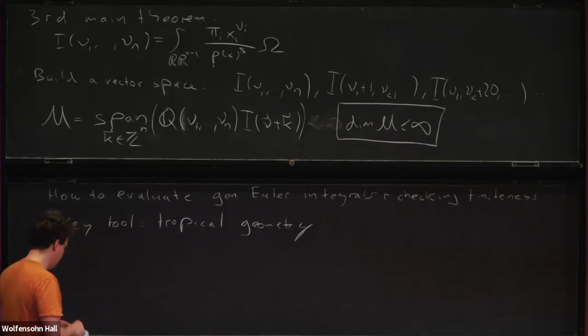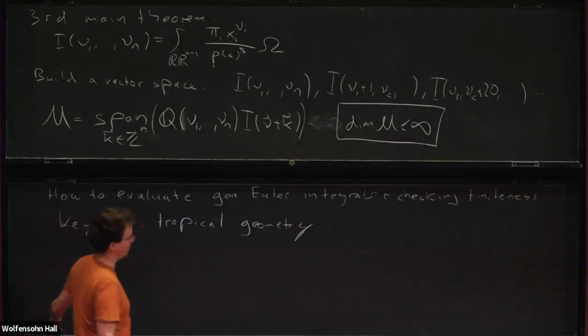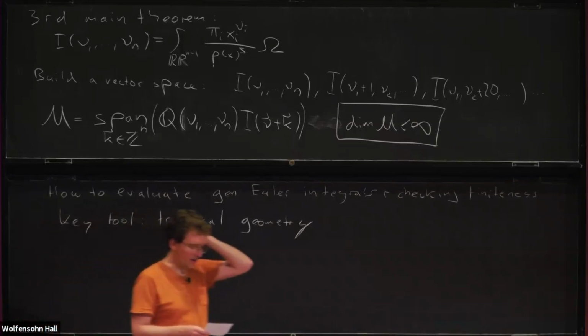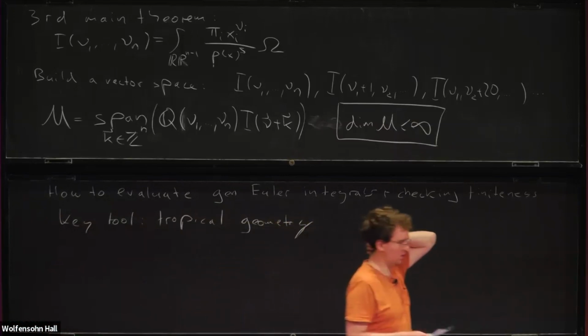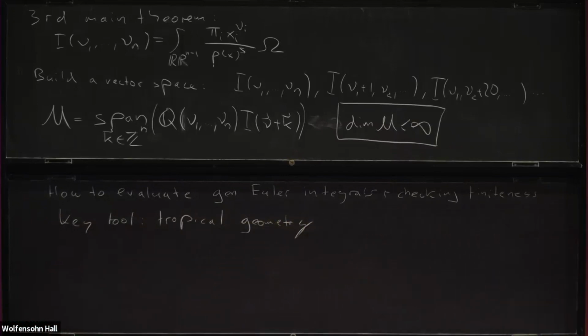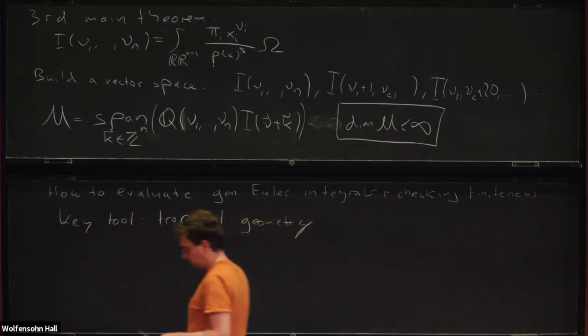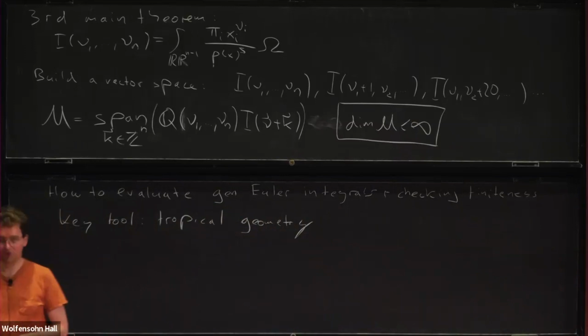So the first thing that I'd like to explain for this is why evaluation of these kinds of integrals is hard in the first place. And this is also why integration is hard at all. So what is complicated about evaluating integrals? You might, completely justified, think: if you have an integral, like our Feynman integral, what's the big deal?